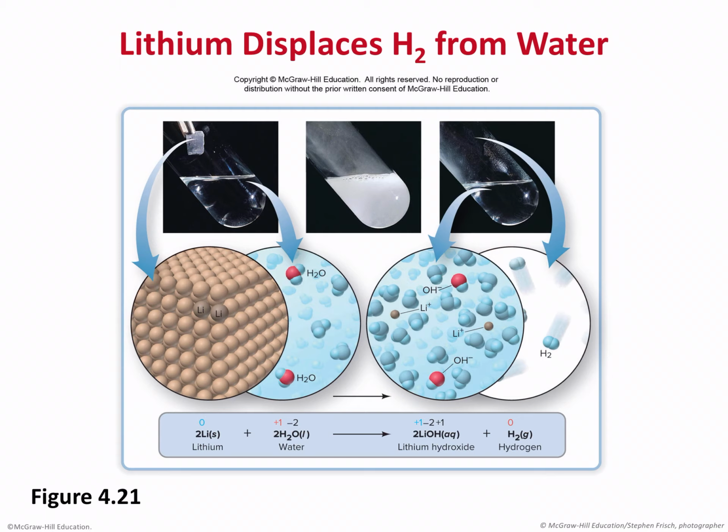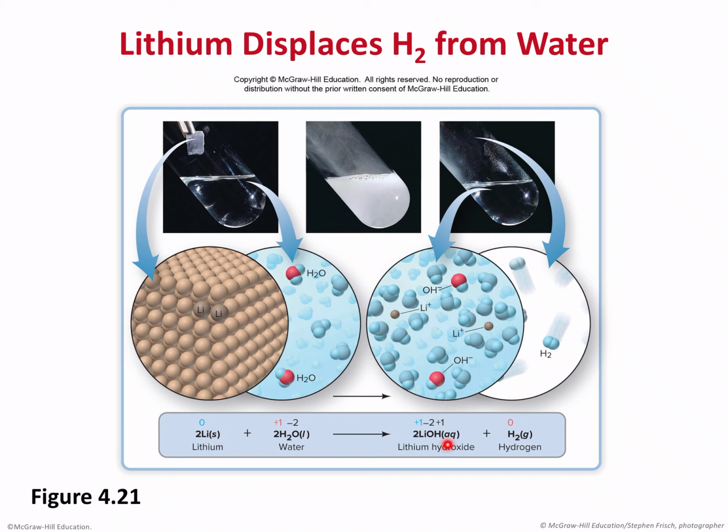And then this is a single displacement reaction. Displacing hydrogen from water, lithium. So lithium metal, you put a piece of lithium into water. Lithium and water, it's going to form lithium hydroxide and hydrogen gas. Lithium in the elemental form has 0 oxidation number.